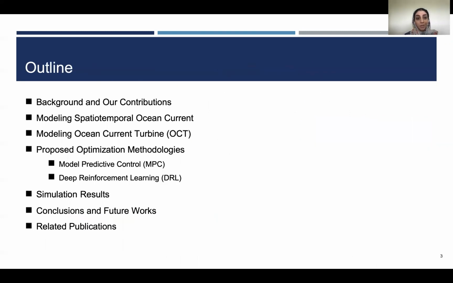In this presentation, I first give you a background on our work and then the contribution of our studies. Then we see together the modeling of spatiotemporal uncertainties in the ocean current, and I show you the representation of our ocean current turbine system, which is designed for operation in the Gulf Stream.